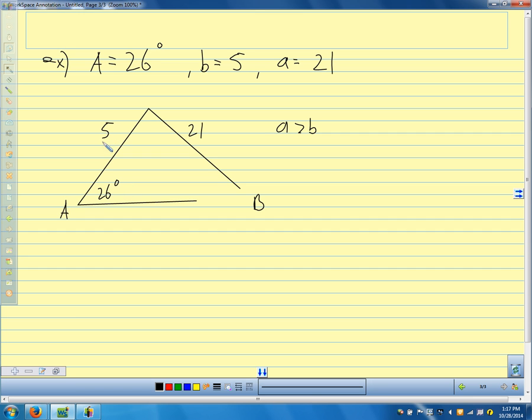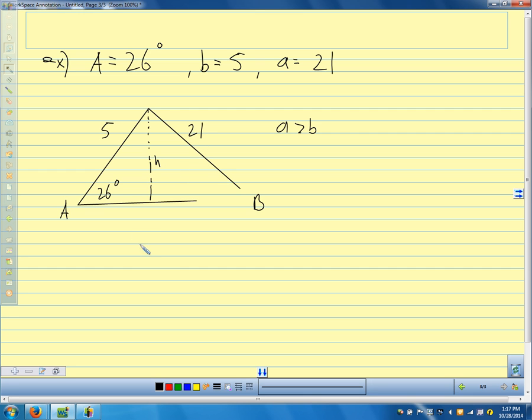We multiply 5 by that number. Are we going to get a number bigger than 5 or smaller than 5? Smaller than 5. So if we calculate our height, we know our height has to be less than 5. So how does A compare to the height? Bigger, right?